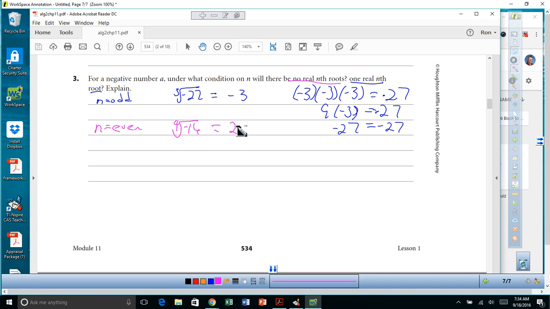That's 2i, because the square root of negative 1 equals i. We learned that in imaginary numbers.